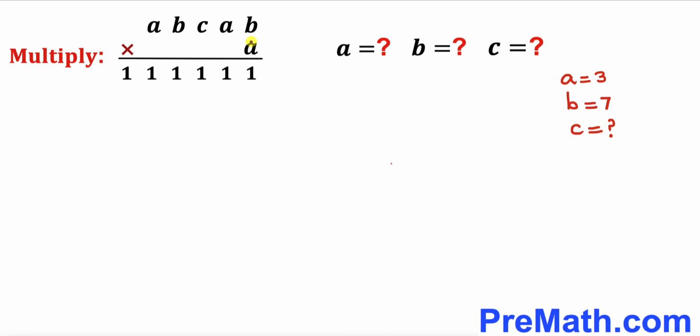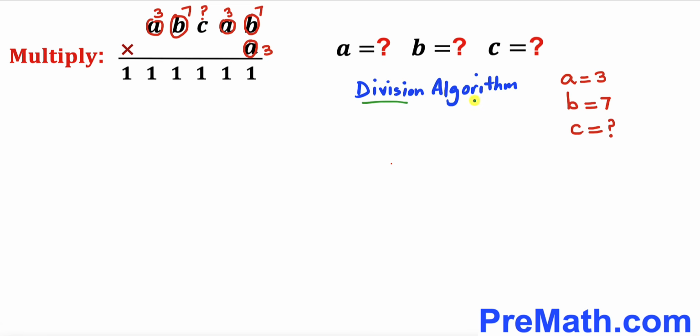I'm going to replace A with 3, this A with 3, and this A with 3 as well, and replace B with 7 and this B with 7 as well. Now our task is to find the value of C. We are going to think outside the box and apply the division algorithm.